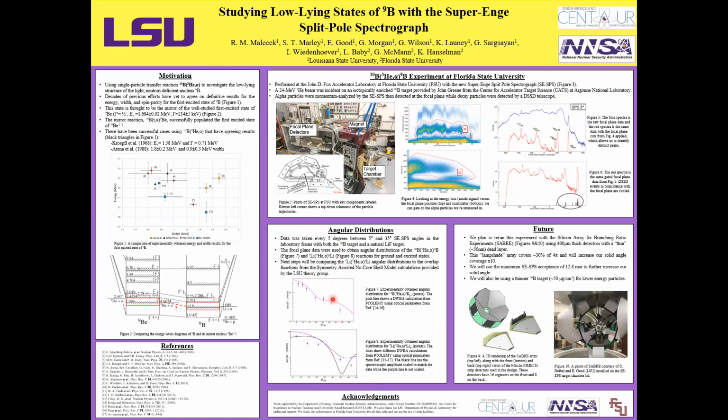The lines in these images are DWBA calculations done with Ptolemy. Now we can further use this data with a collaboration we're doing with the LSU theory group, where they are giving us overlap functions from the symmetry-adapted no-core shell model. And then we'll take our analyzed experimental data and go from there.